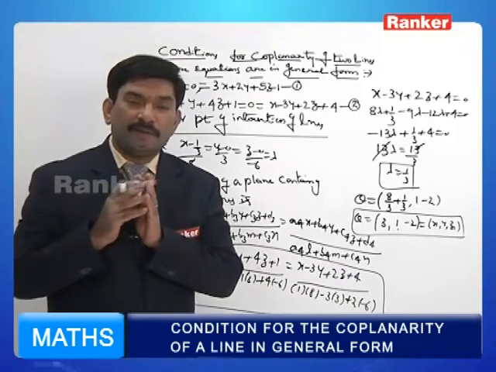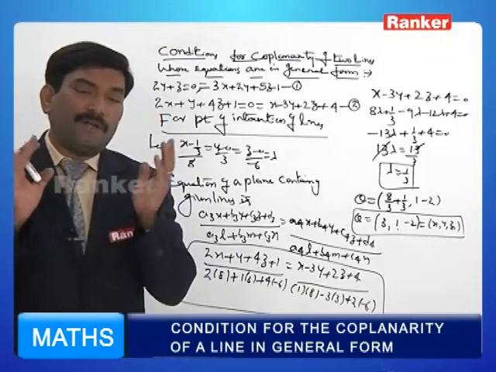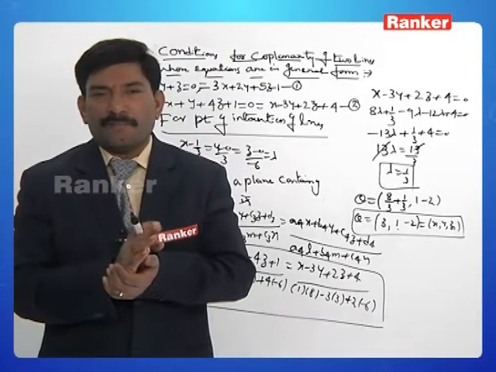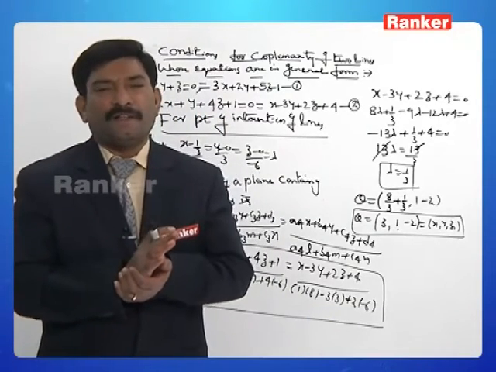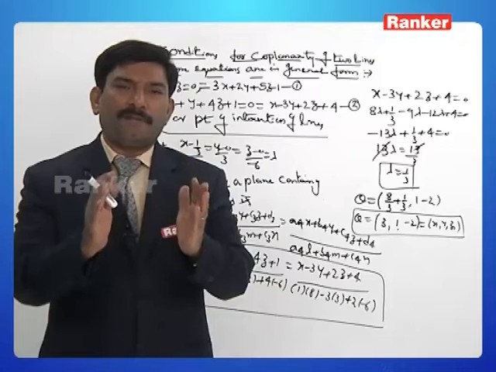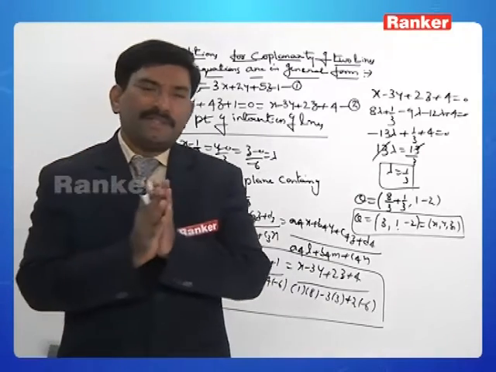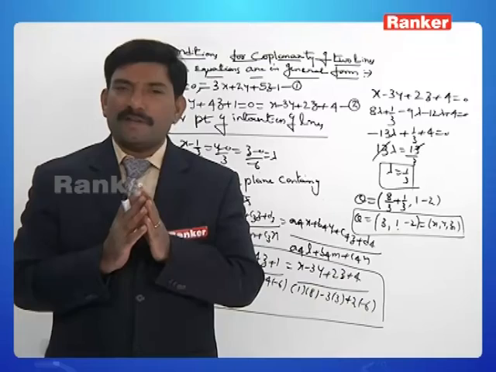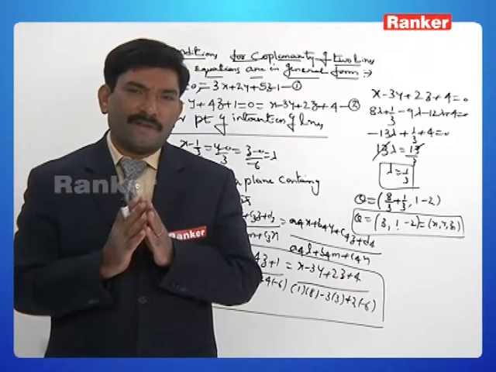We have proved this according to the concept, and by giving some examples. If we show that the value of the determinant is equal to 0, then we can say that the given lines in general form are coplanar.